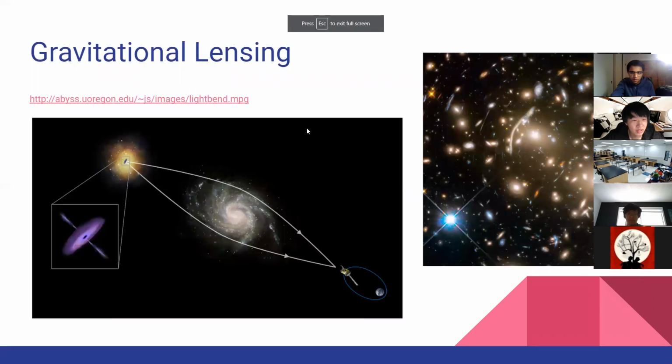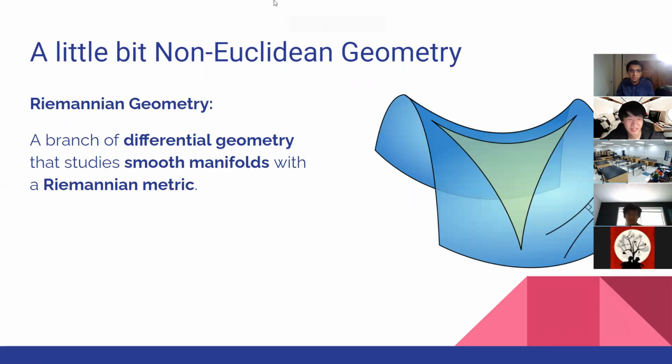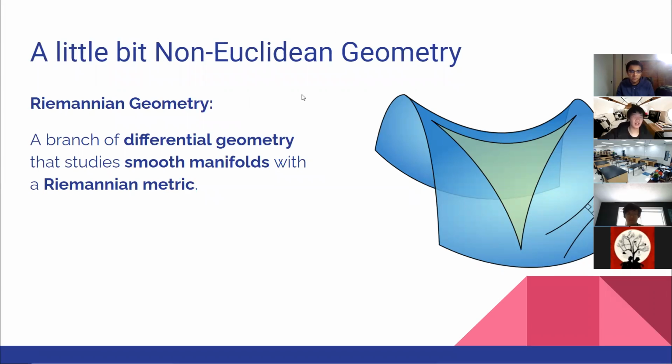Okay, so let's talk a little bit about non-Euclidean geometry. In high school we learn geometry, right? We learn how to prove that lines are parallel, or about triangles, stuff like that. This is Euclidean geometry, where we are dealing with objects in a flat space.